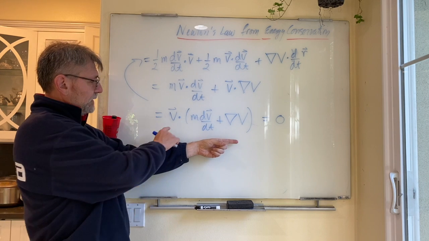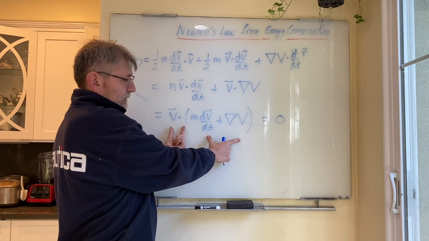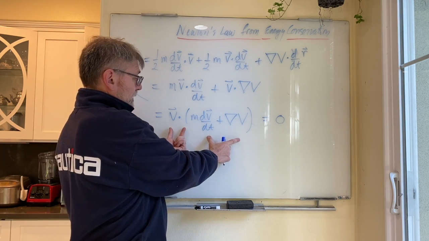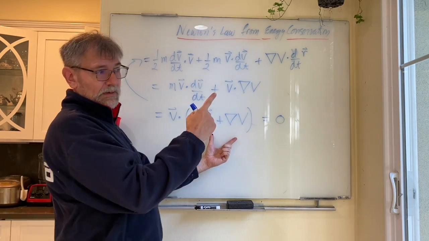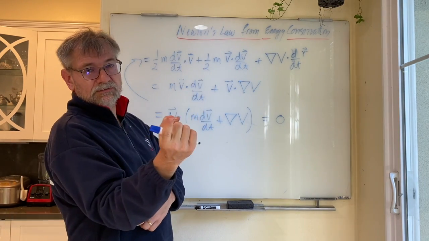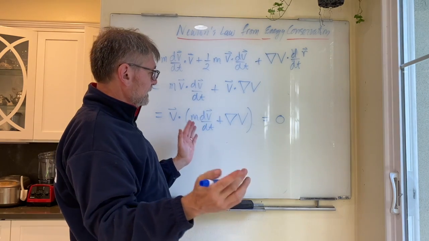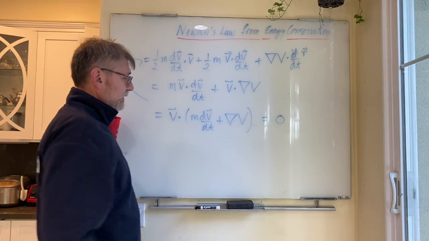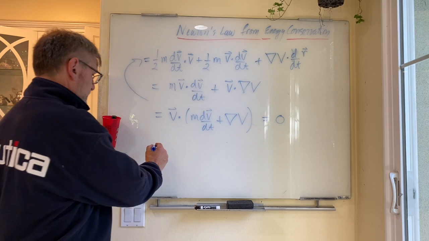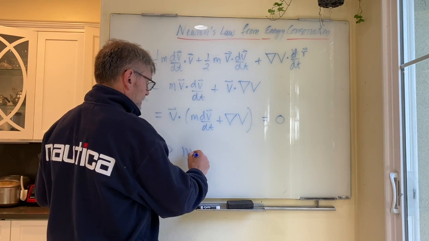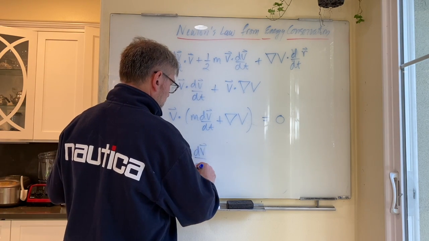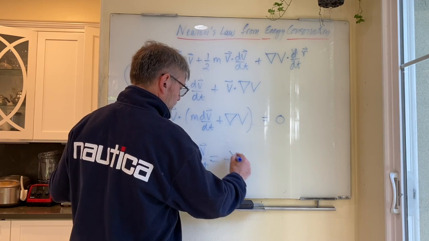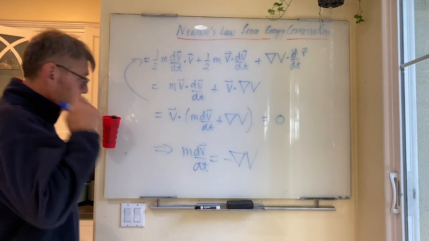Because if we just think that this just means these two vector quantities are perpendicular, that's fine if we pick v in one direction. But now if we change the direction of v, it would mean it's still perpendicular. That can't be true unless the quantity in parenthesis is equal to 0. And so this means that m dv/dt is equal to minus grad v, right?